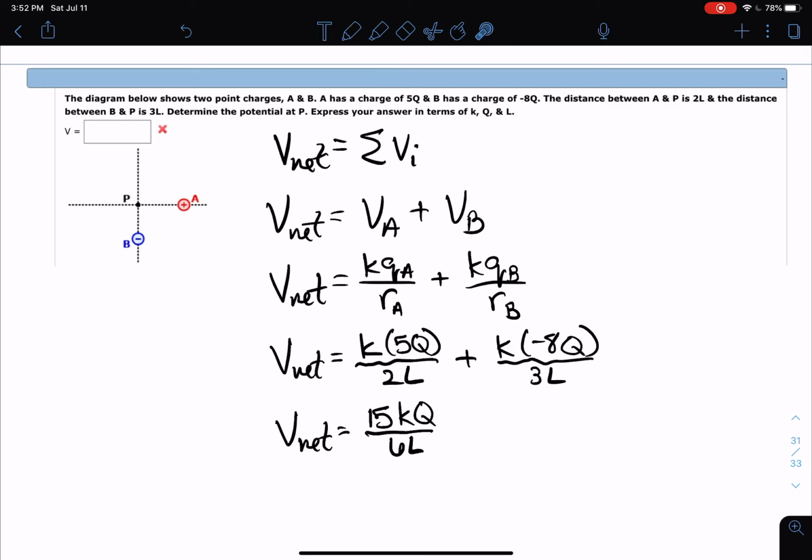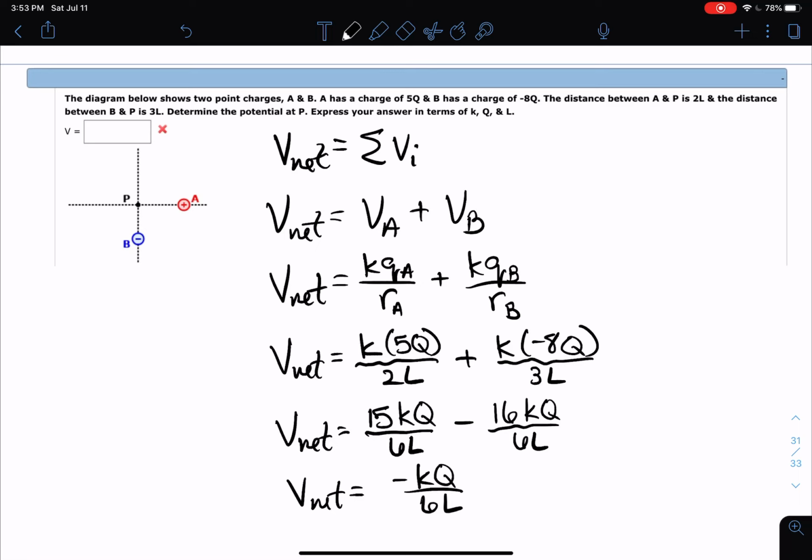For the other side, I need to multiply the denominator by 2. So I multiply the numerator by 2 as well. So it's going to be minus 16KQ over 6L. And if I go through and subtract those, I'm going to get negative KQ over 6L.